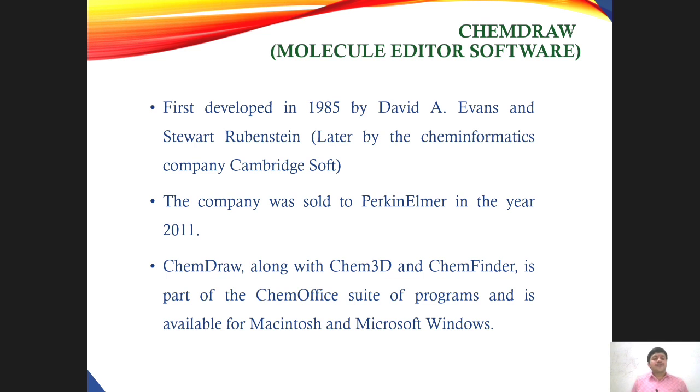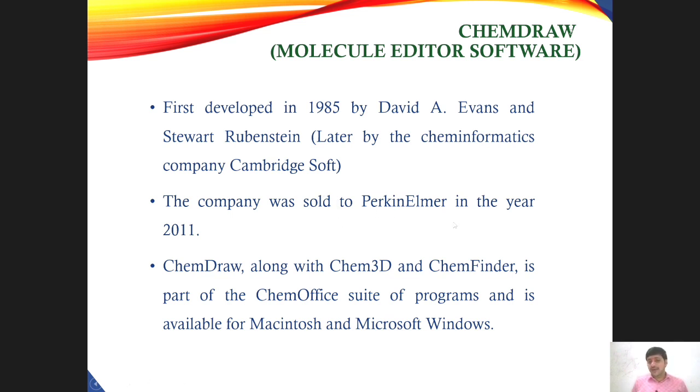This particular software was developed in 1985 by David A. Evans and Stewart Rubenstein. Initially, this software was handled by Chem Informatics company. In 2011, that company was sold to Perkin-Elmer.